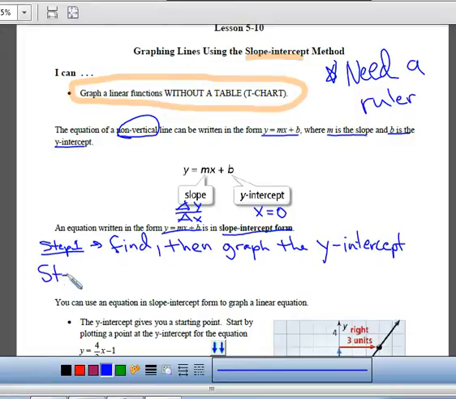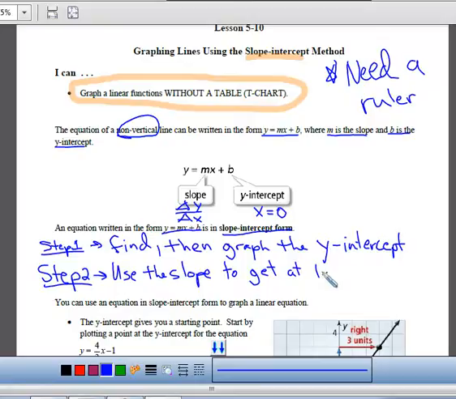Step 2 is to use the slope to get at least one more point.